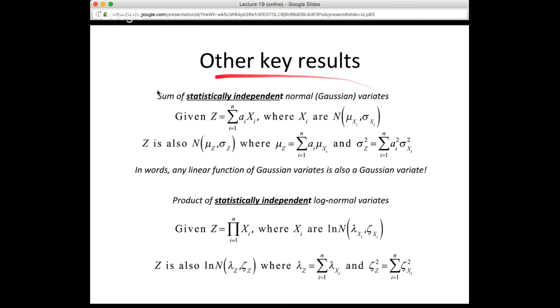So you can always get it in this form. And in fact, this result here is a consequence of the fact that if you have variables which are log normally distributed, the log transform of those variables is normally distributed.